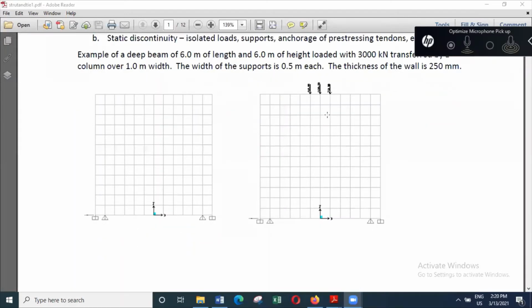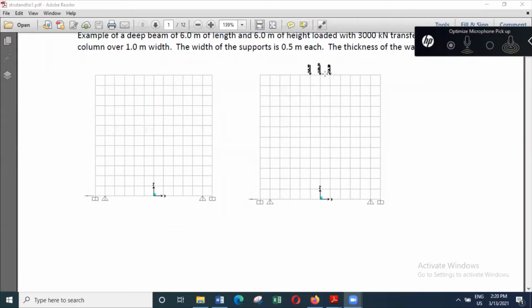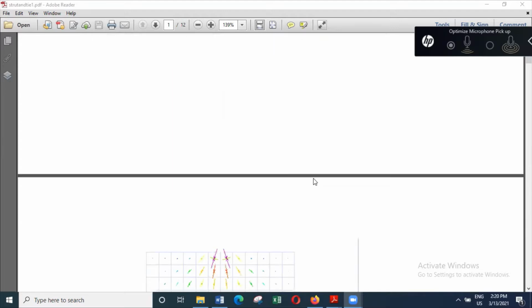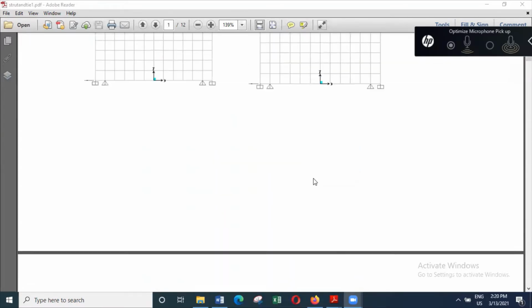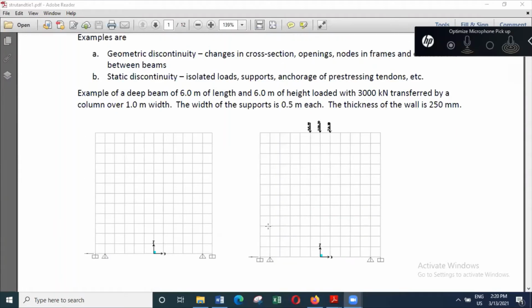So what we do is, we can see how this behaves by looking at a finite element model of this beam, and that will give us some indication of how this is going to behave. Basically you will ask, how do you create an FEM model of this type of situation?